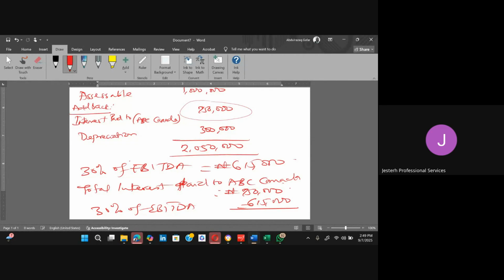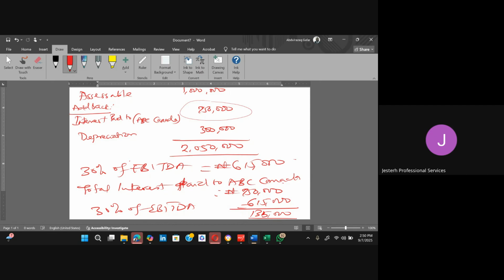So what's the difference? 135,000, right? So this 135,000 will be carried forward. Are you getting it now? So this 135,000 will be carried forward.